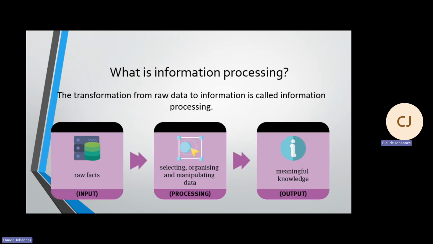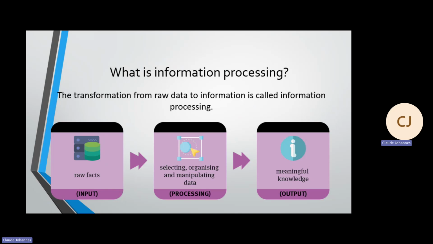What is information processing? The computer, your laptop, or your cell phone is basically the device that you use to get a certain message across. You as the individual need to input certain data, and that device processes that data and delivers it to your recipient, meaning the person who is going to receive that message.